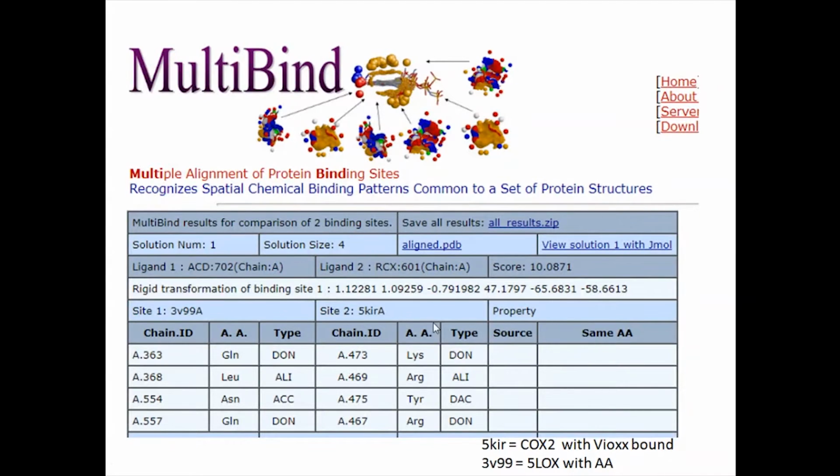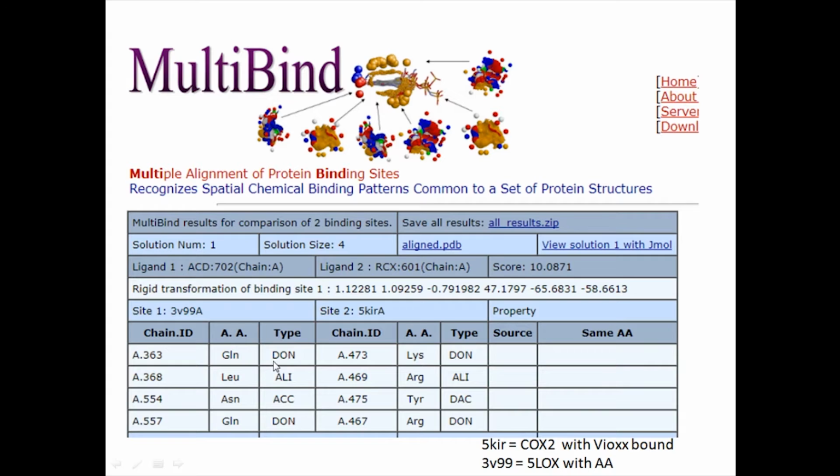You get a result like this. The two proteins are 3V99, the 5-lipoxygenase protein, and the other one, 5KIR, a cyclooxygenase protein with Vioxx bound to it, while 3V99 has arachidonic acid.